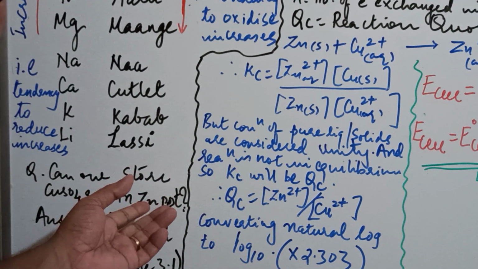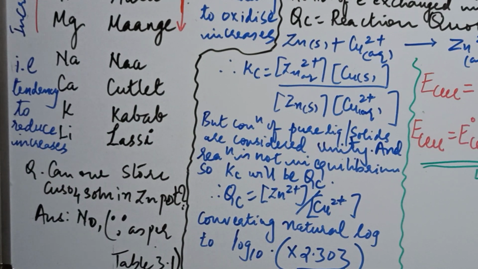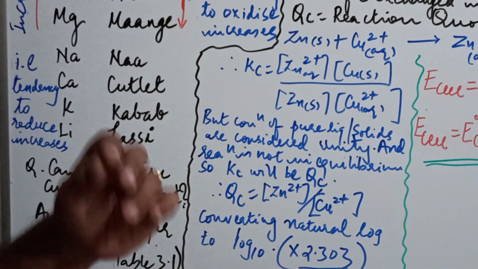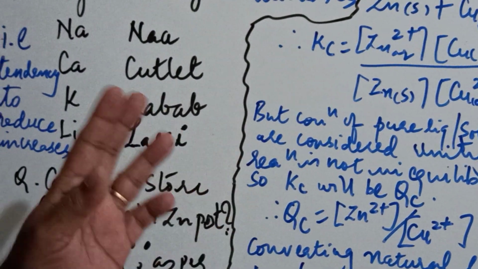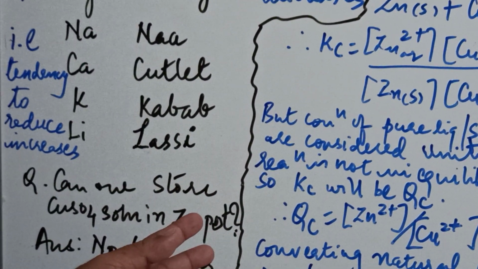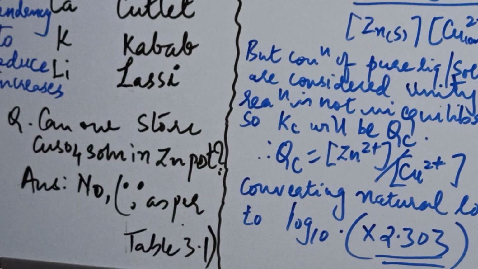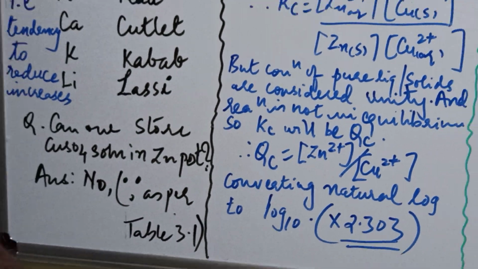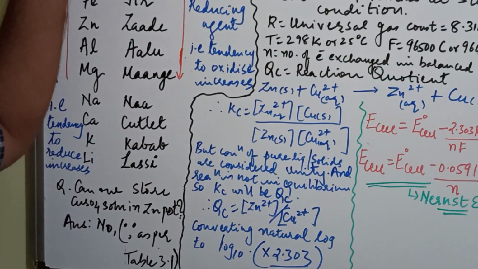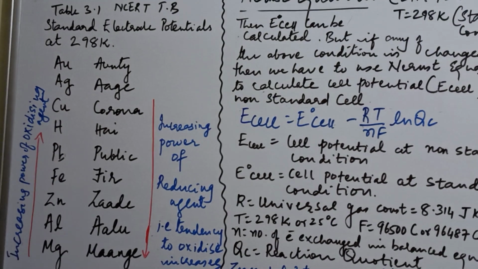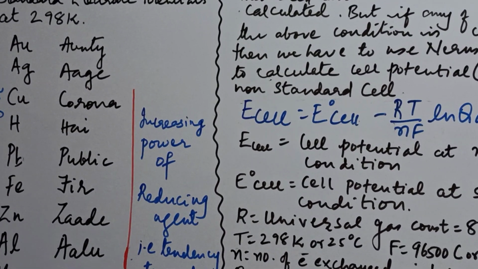So it will first form holes in the pot. It is actually not feasible, it is not possible for us to store copper sulfate solution in a zinc pot according to this EMF standard electrode potential series that has been given in our textbook.